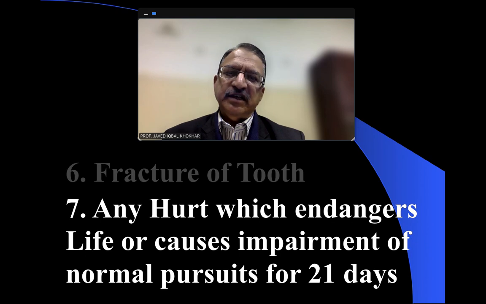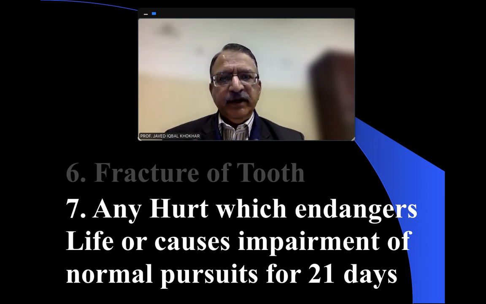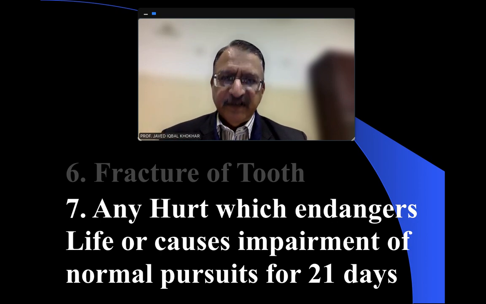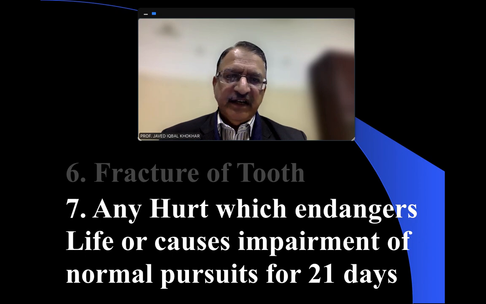So you can imagine the suffering of fracture of a tooth, fracture of a femur, or any hurt which interferes with normal pursuits for 21 days; they all are grouped in one. They are grievous hurt, and the punishment will be only for the grievous hurt.